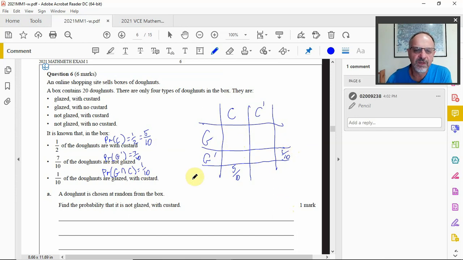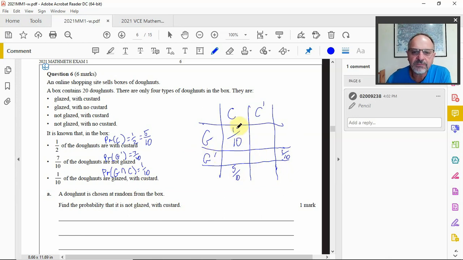All right. Then we've got glazed intersection with custard, that's here. That's 1/10. So now we've got those things. We can go ahead and find out these other numbers, and when we find out these other numbers, it's going to help us find the answers.